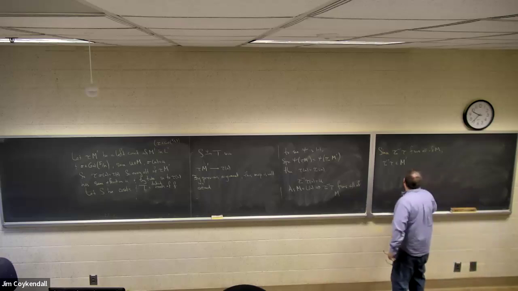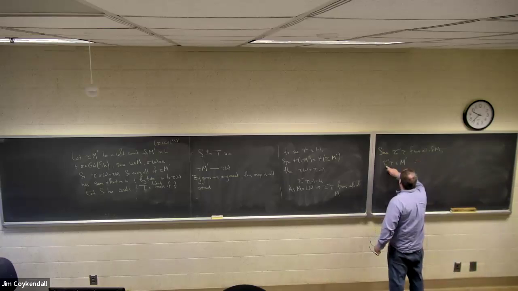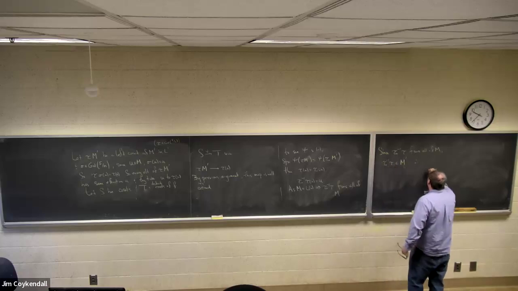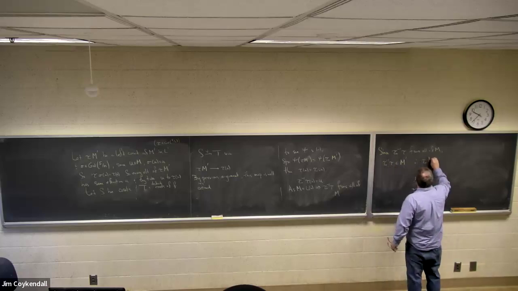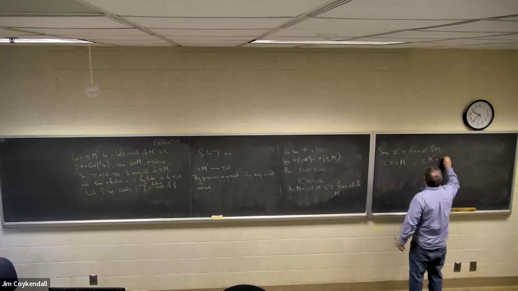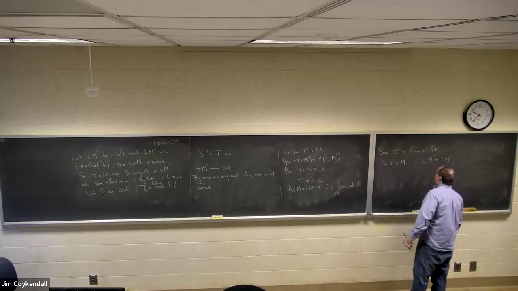And therefore, if this is in M prime, that means the cosets tau zero M prime and tau M prime are equal.